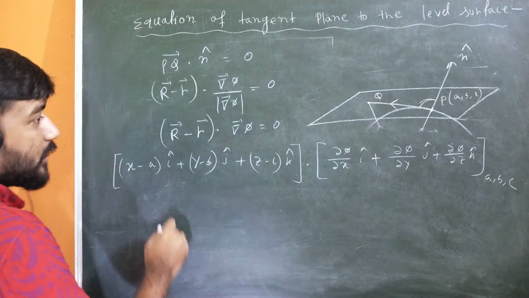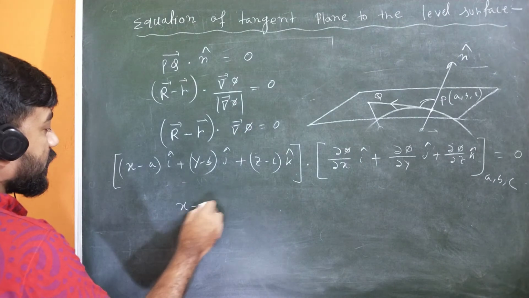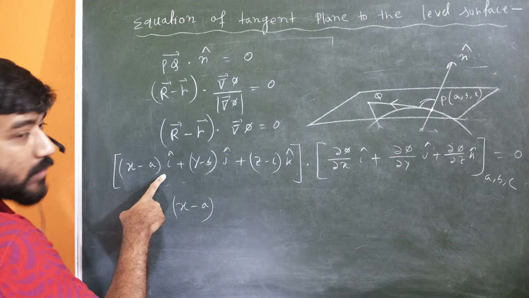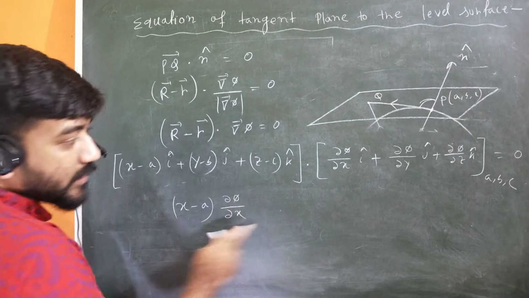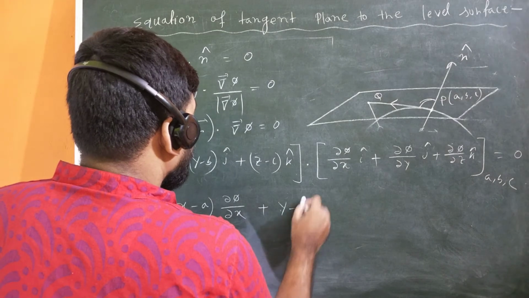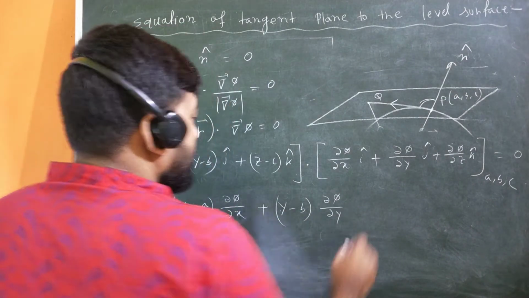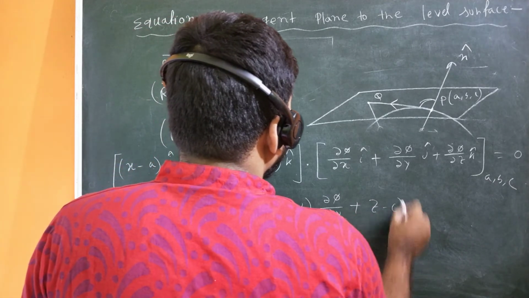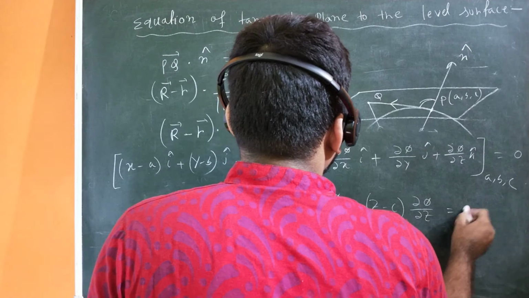So you will get finally 0 equal to (x minus a) into del phi del x at the point ABC, plus (y minus b) into del phi del y, plus (z minus c) into del phi del z, and that will be equal to 0.